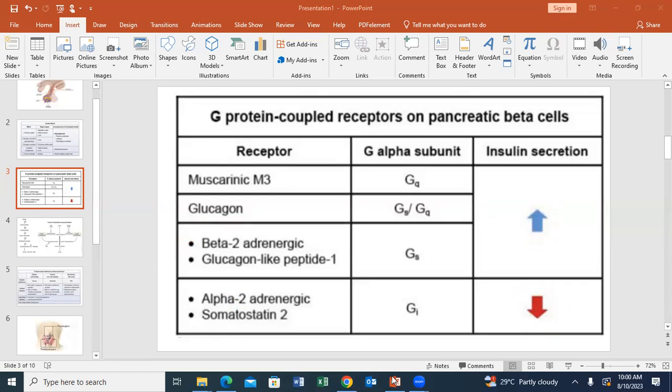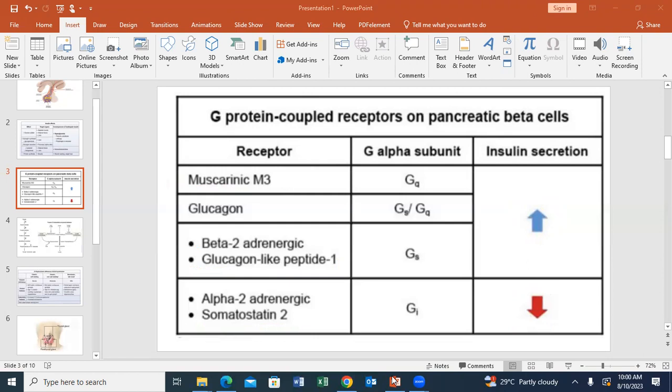Parasympathetic stimulation, which has the muscarinic M3 receptor, increases insulin secretion. Other than that, we have glucagon-like peptide, which increases insulin secretion. We use this as a drug also to treat diabetes. We will discuss it in detail in pharmacology. And then we have somatostatin, which decreases insulin secretion. So you can have an overview of all the factors which increase or decrease insulin secretion.